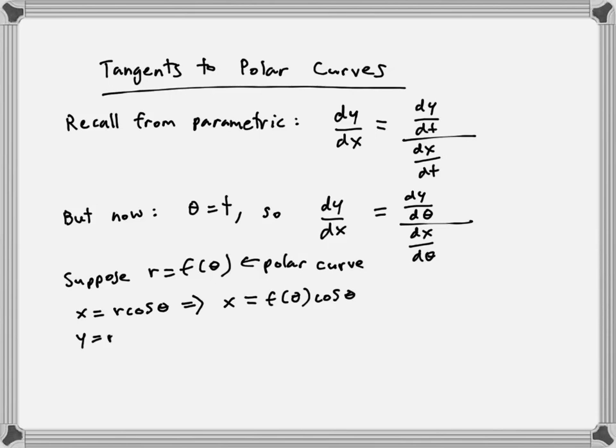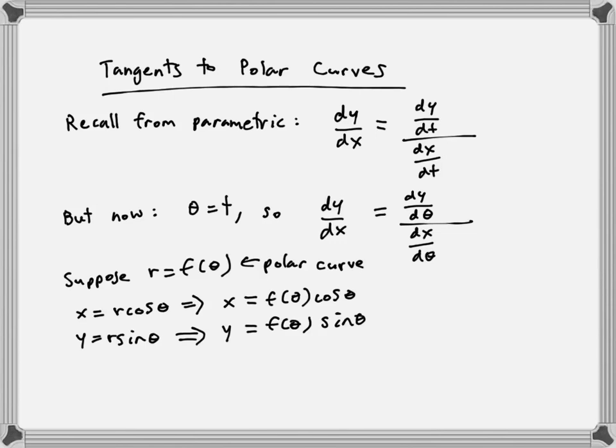And if y is equal to r sine theta, doesn't that mean that y is equal to f of theta sine theta? So this means that the same formula is still going to work, except we need to take the derivative of each of these with respect to theta.